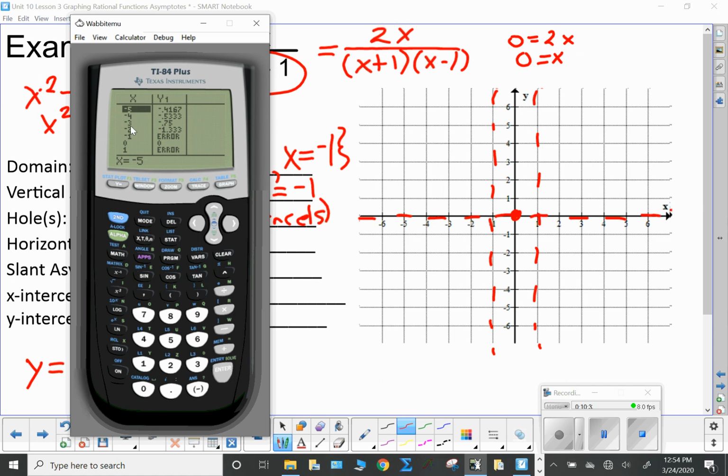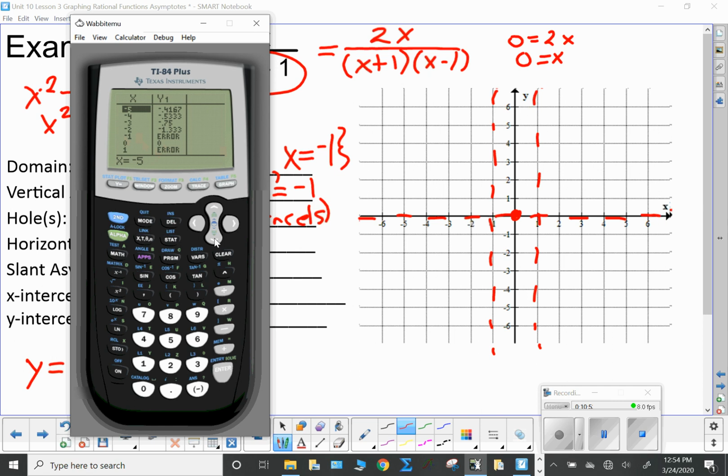So I'm looking at -2, I'm at -1.3. So I'm right around here. At -3, I'm at -7.5. And I keep getting smaller and smaller and smaller. So I'm getting closer and closer and closer. So my graph is going to be up in this section.